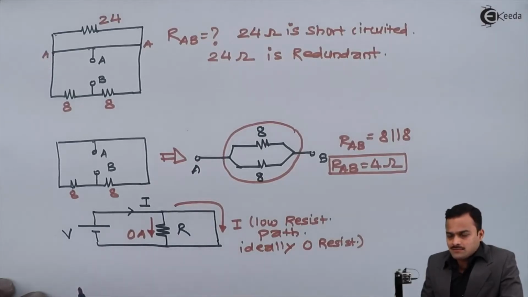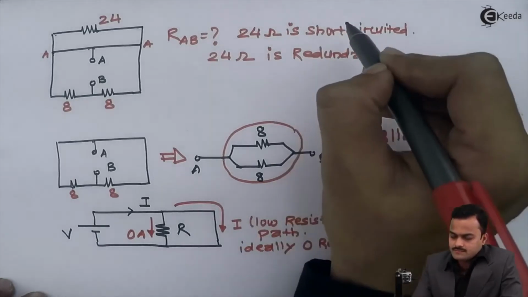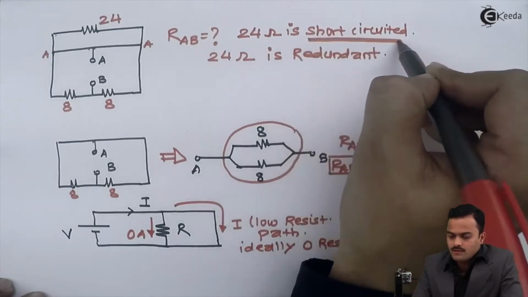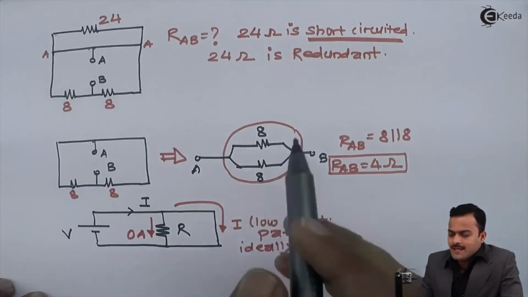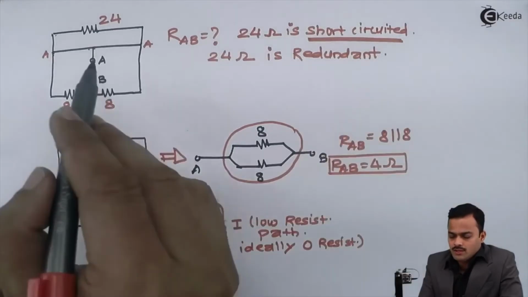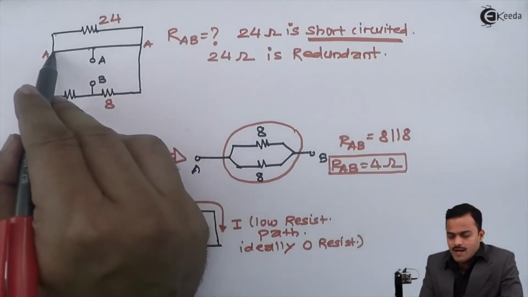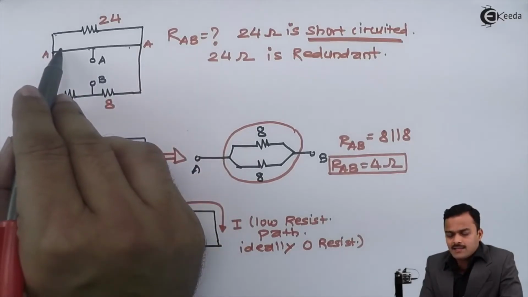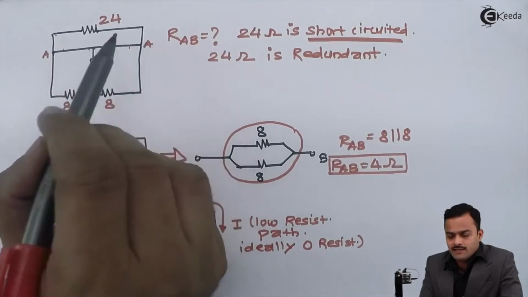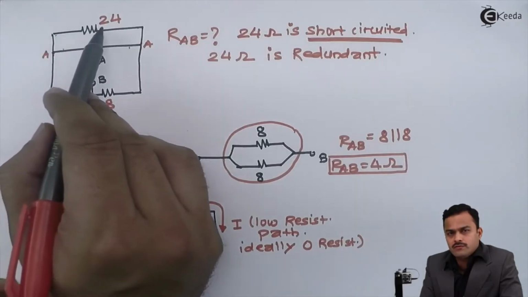So as far as electrical parameters are concerned, a short circuit is nothing but a low resistance path, or you can say a maximum current path. Here, the wire is connected across the 24 ohm. So even if you connect a battery, the entire current will flow through this link. There won't be any current flowing through this 24 ohm.